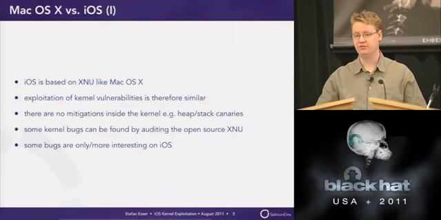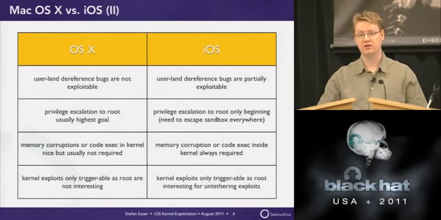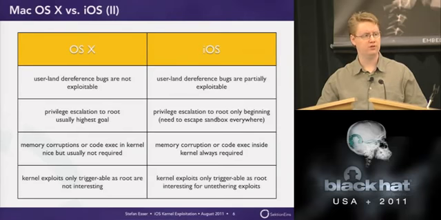The other thing that's different is that the bugs you're searching for are different between macOS and iOS. When you look at macOS, you will see that userland dereference bugs are not possible because the userland and the kernel space are not sharing the same address space.